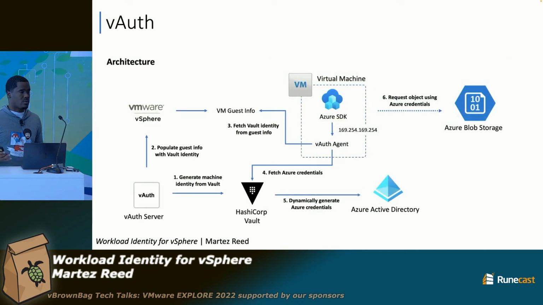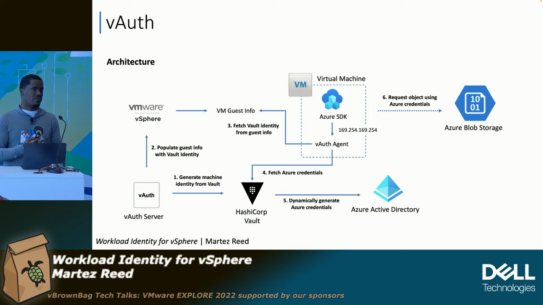At its core, from a diagram perspective, certainly there's a lot to take in here, but what it provides is a mechanism by which I can utilize HashiCorp Vault to provide identity information to the virtual machine running on VMware vSphere and treat it as a trusted platform.